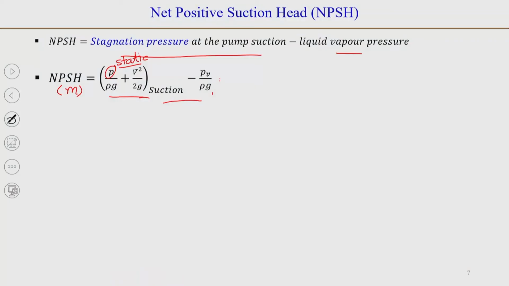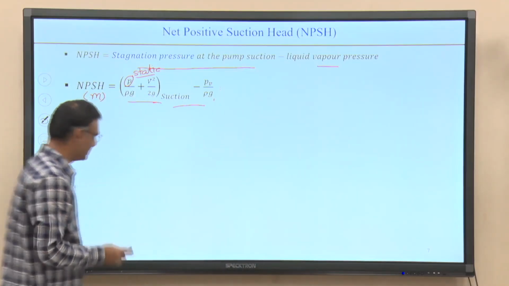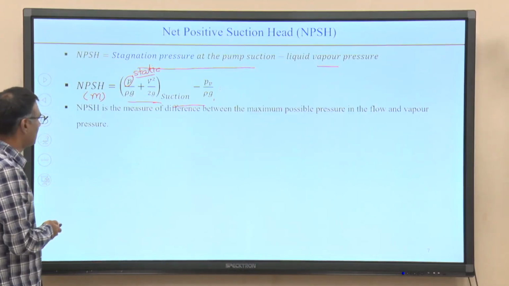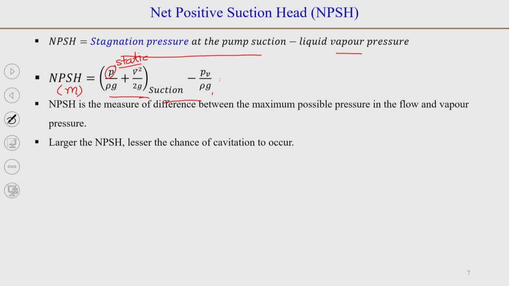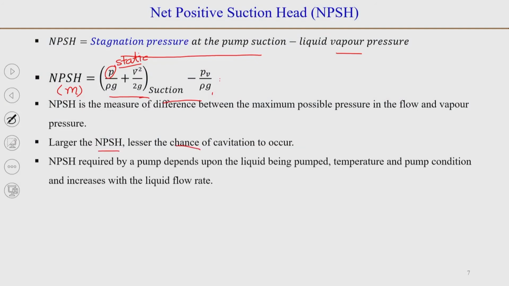Now, what this value should be is provided by the manufacturer, and we call that NPSH required, or NPSHR. The larger this NPSH, the lesser the chances of cavitation occurring. Because it is a function of vapor pressure, it will depend on the temperature and on the liquid being pumped.